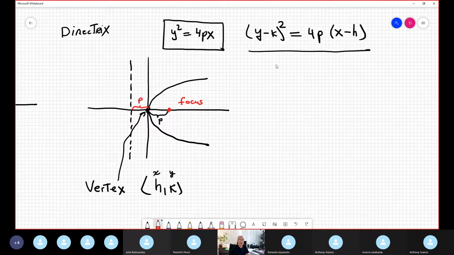In this case, the formula for this line is x equal minus p. Depending on the problem, no? It's vertical. So we have horizontal parabola, however, we have vertical line directrix.